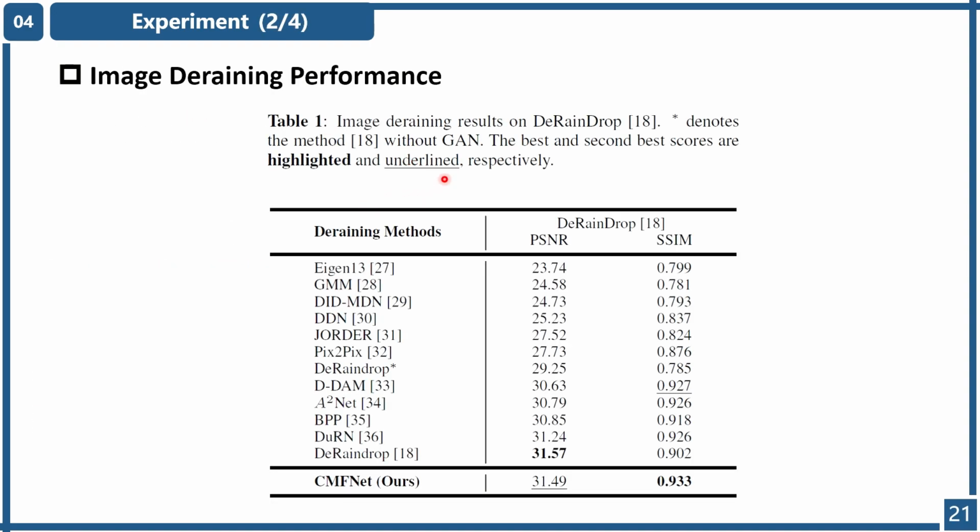On this slide, you will see a table summarizing our deraining performance. We achieved state-of-the-art results, particularly in terms of SSIM value. This indicates that our model excels at generating perceptually faithful images.